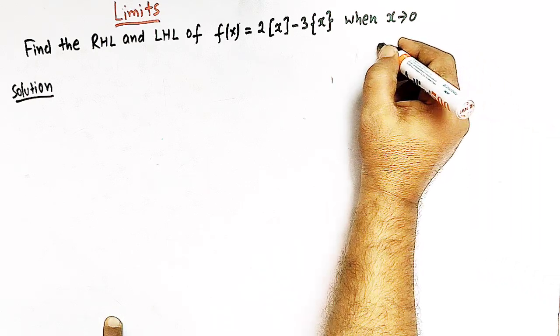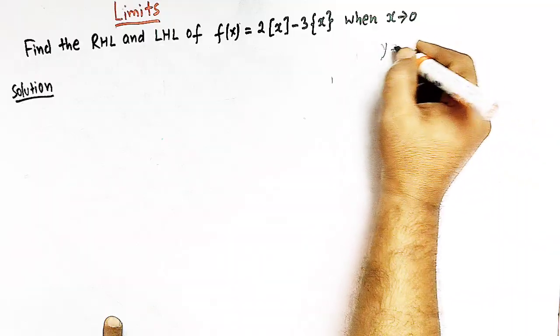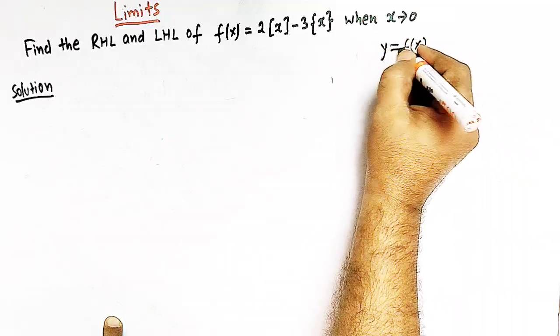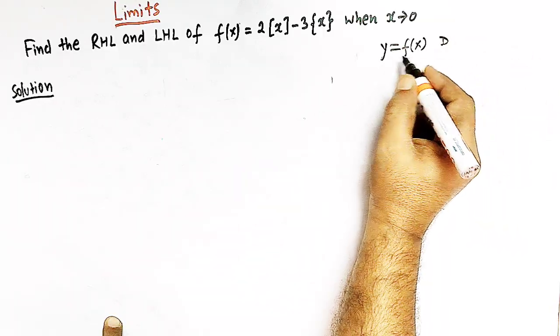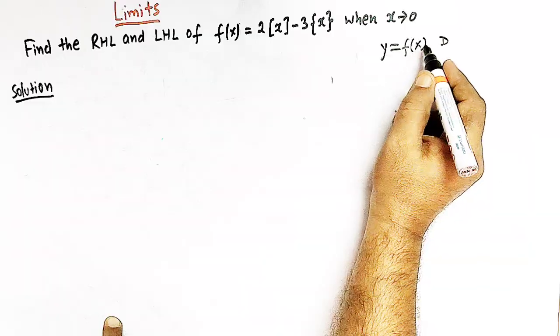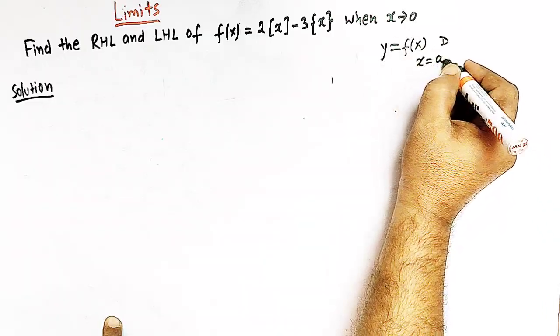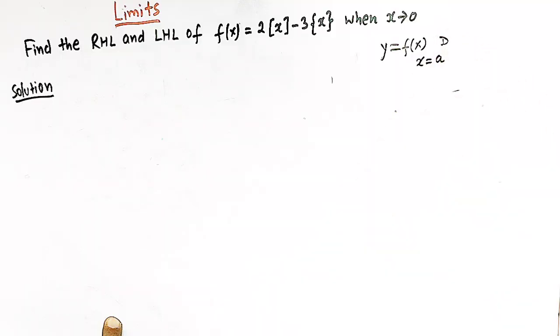If we have a function, say y is equal to f of x, which is defined in some domain, say D, and suppose we have to find the right hand limit and the left hand limit of this function at some point, say x is equal to a, in the domain of the function f of x.